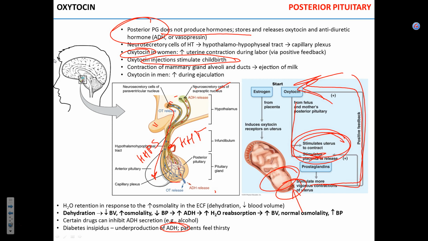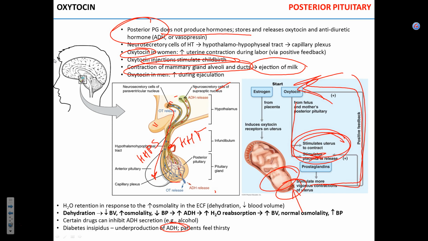Oxytocin stimulates the contraction of the ducts and alveoli in the mammary glands, and contraction of these ducts and alveoli pushes the milk toward the nipple. Does that make sense? So you see, you gotta have two hormones to enable breastfeeding. One that stimulates milk production, and another one that stimulates milk ejection. Clear?